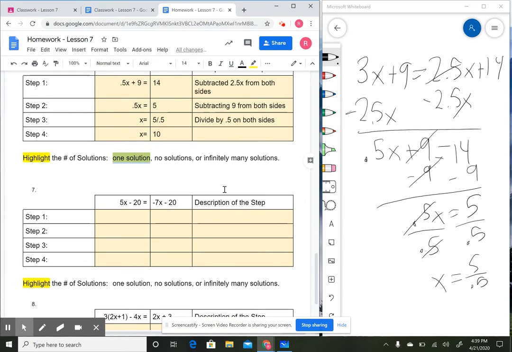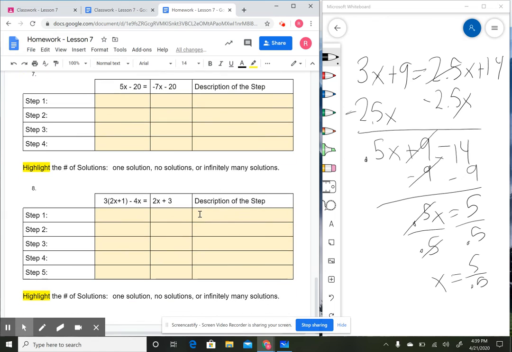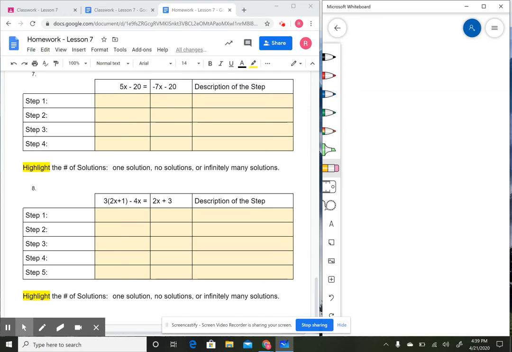Okay. So we're going to move on to, we have 2 more problems to go. So 5x minus 20 is equal to negative 7x minus 20. Okay, so we're going to add 7x to both sides because that's the smaller one.